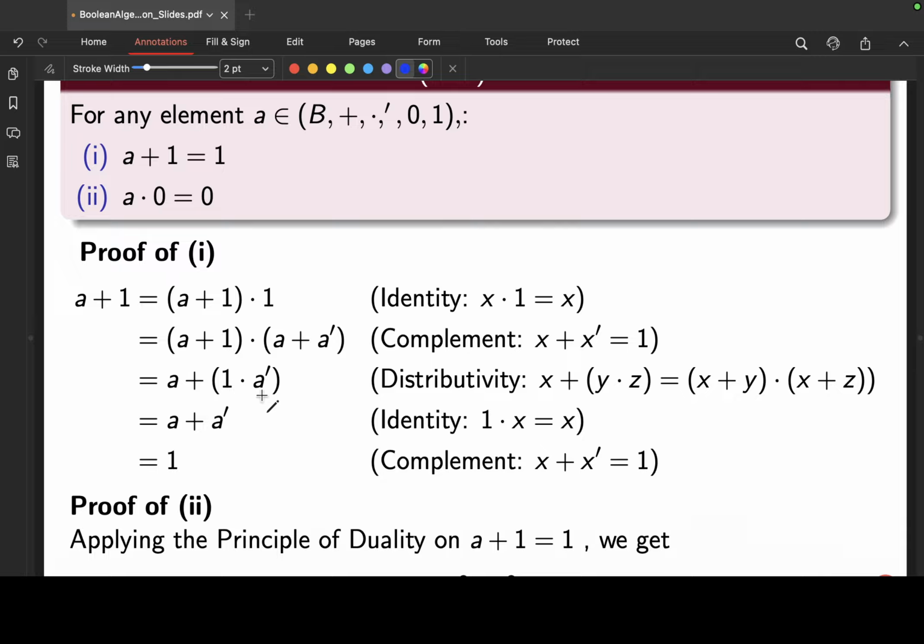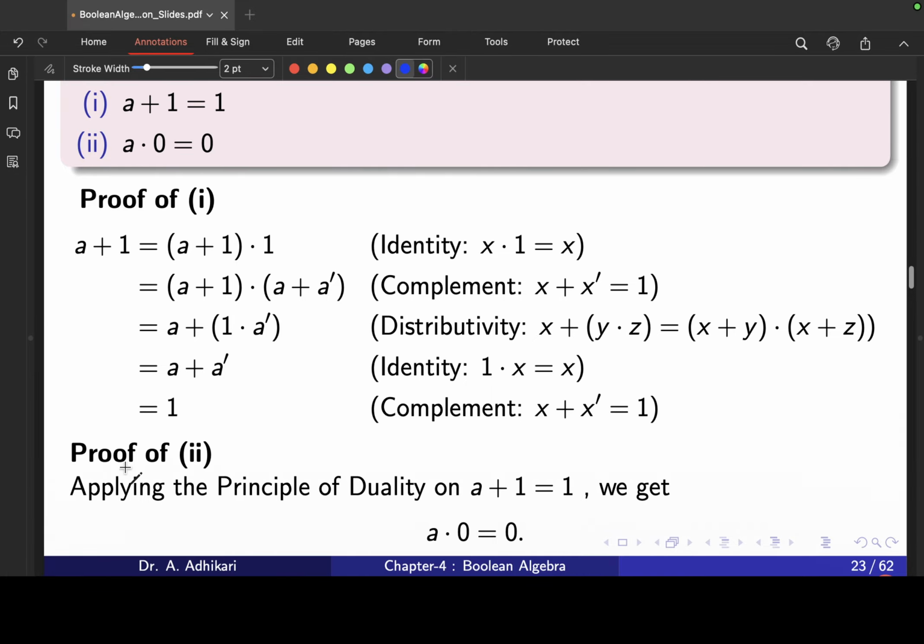Next, using identity, 1 dot a dash equal to a dash, this 1 dot x equal to x. So a plus a dash equal to 1. For proof 2, applying the principle of duality, A dot 0, in place of 1 we put here 0. So by the principle of duality, A dot 0 equal to 0.